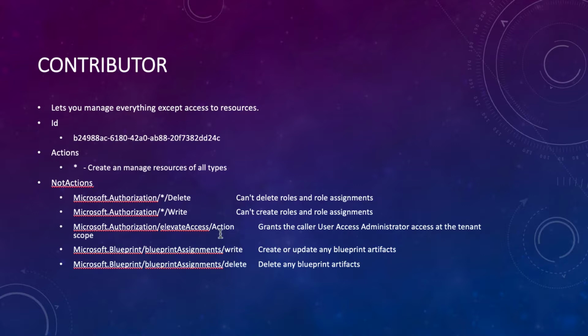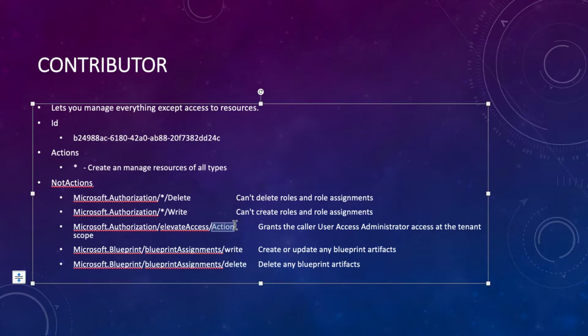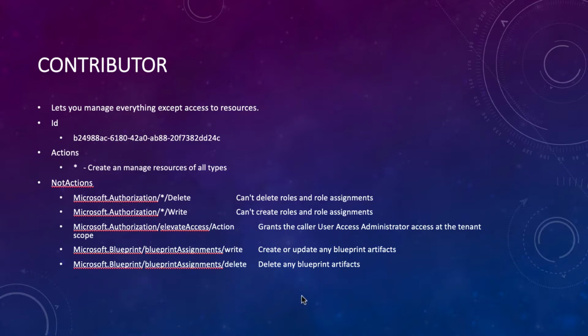This one, the action scope, grants the user access administrator access to the tenant scope. So basically, with this access that you add here, you define how they can manage your scope. With the right under the Microsoft Blueprint, you are giving them the opportunity to create or update any blueprint artifacts, and so on and so on.